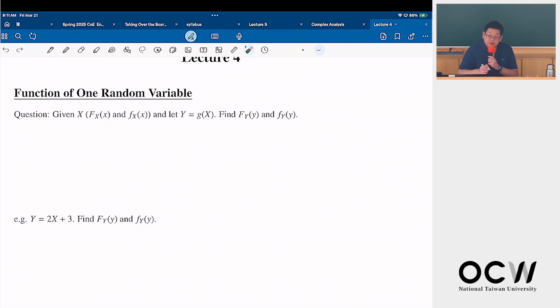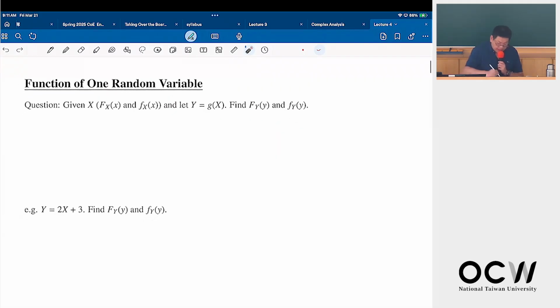Since we said this is a random variable, then we should know its CDF and PDF. And we also have another random variable called y. And y is a function of random variable x. Then since y is a random variable, I also want to know the CDF and the PDF.